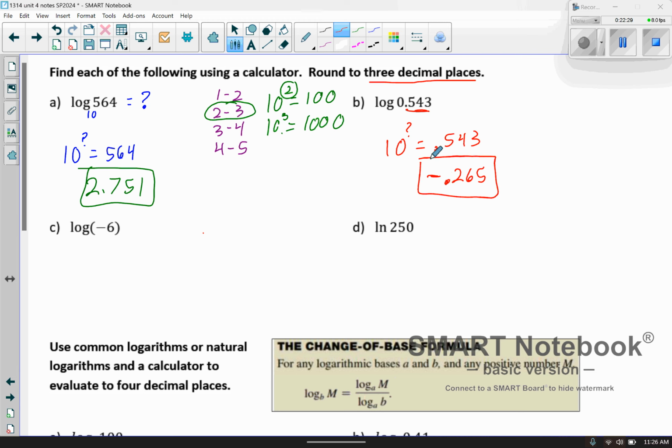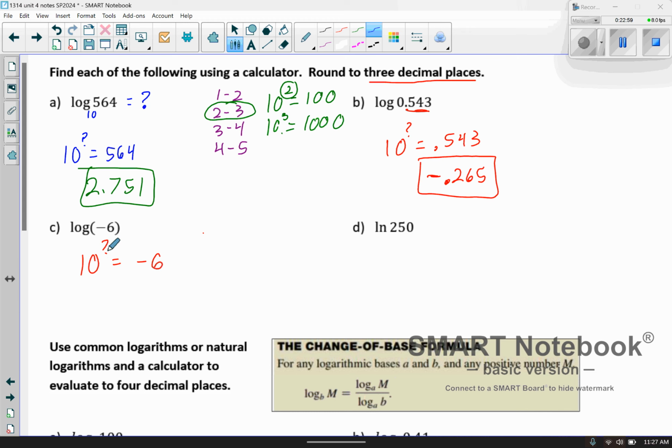This one's kind of interesting. So 10 to what power would give me negative 6? Hmm. Well, let's think about this. If I have a negative exponent, it doesn't make my answer negative. It just causes a reciprocal of my base.